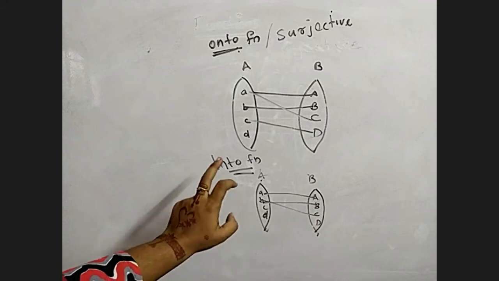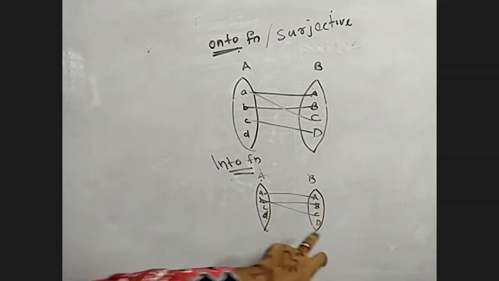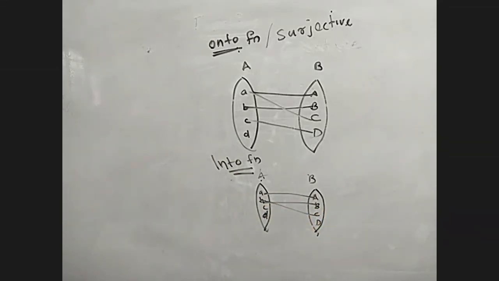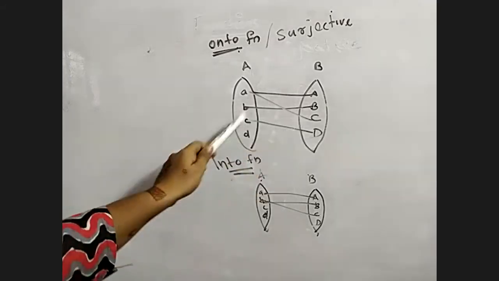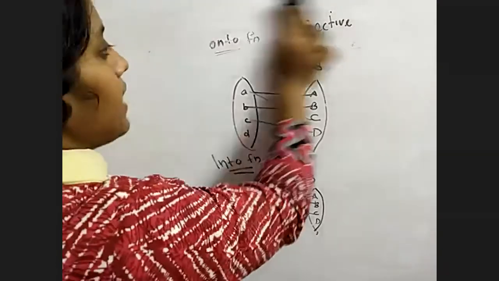So it is into function. So if everything is having a pre-image, we can say it is onto function. If anything is not having a pre-image, it is into function. Understood? Okay, so what is many-one function? What is one-one function? What is onto function? What is into function? Are these four clear? Yes, ma'am.